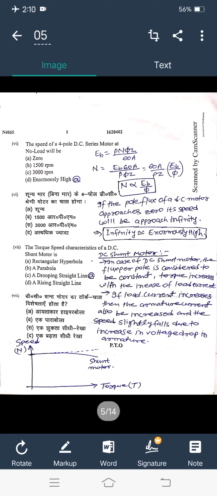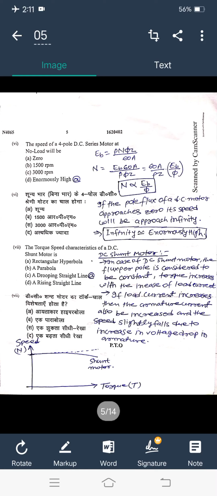In the back EMF formula, flux is directly proportional to the back EMF, but speed is inversely proportional to the flux.